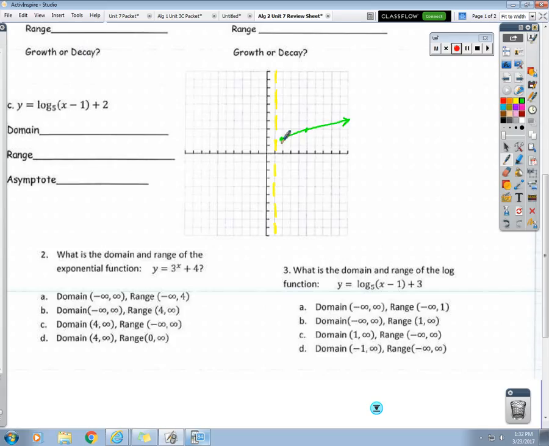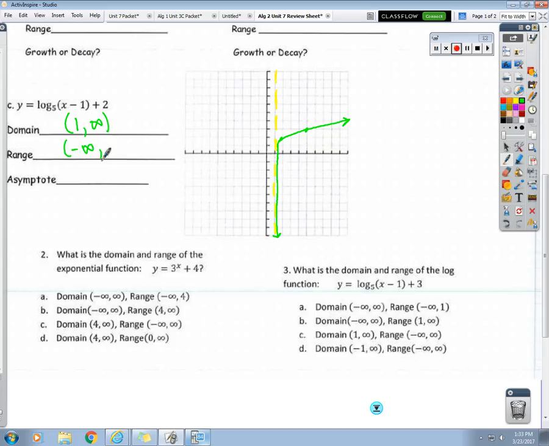And then on the left side, even though it doesn't show it on the calculator, it'll approach the asymptote forever. So, what is the domain? Correct. It'll never go past 1 on the left, and then it'll go right forever. What's the range?